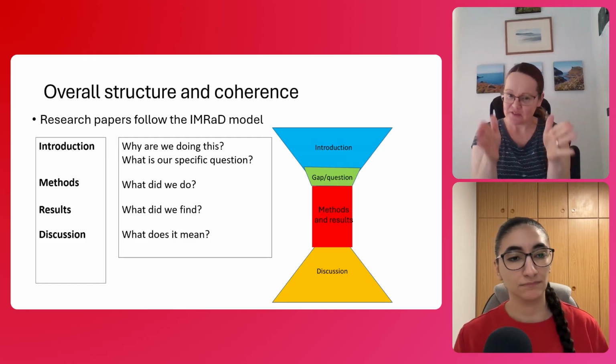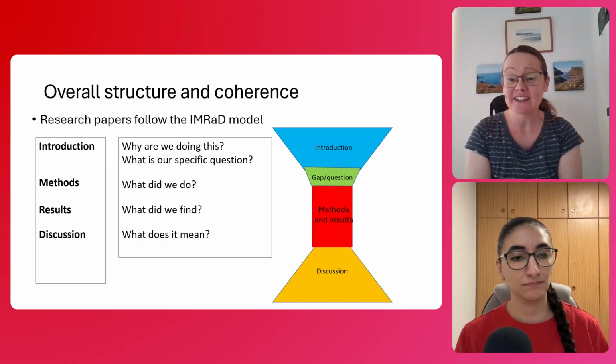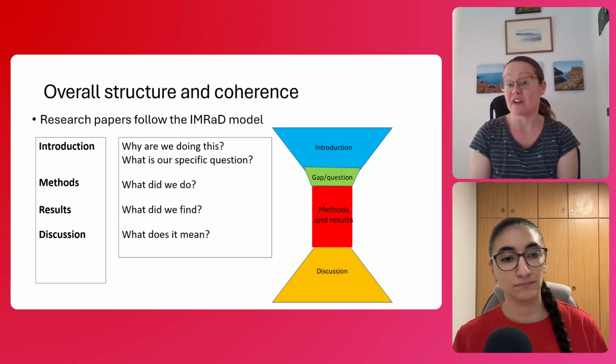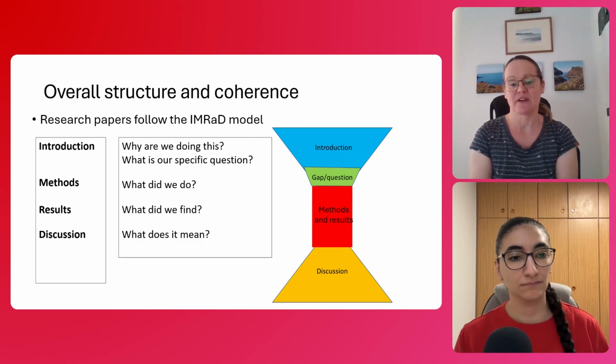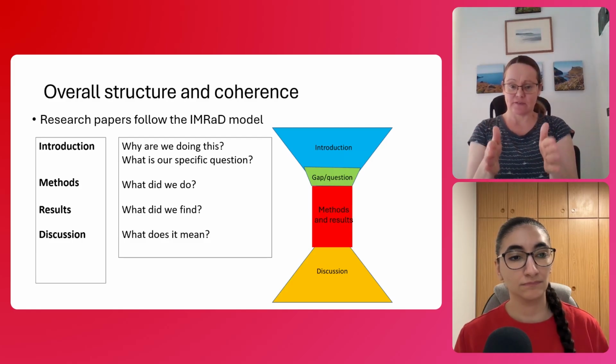There again, that's where we're telling the reader exactly what we are investigating here. We then stay very specific as we talk to the reader about what we did. So how did we go about answering this research question and what we found? Okay, what data did we gather? Then in the discussion section, we start off fairly specific.